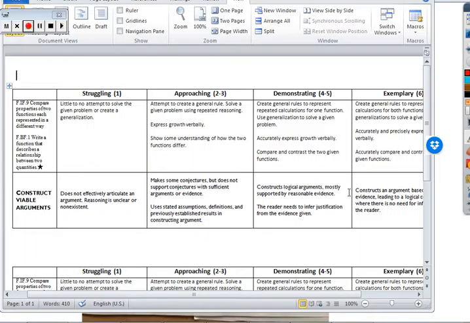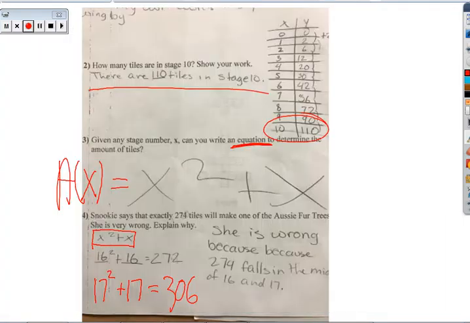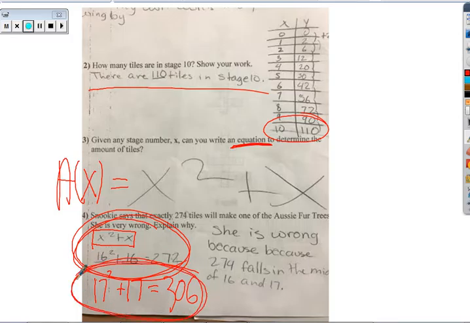Whereas if you're more in the 4 or 5 territory, you're constructing a logical argument, and it's mostly supported by reasonable evidence, which this is a good example of. This is reasonable evidence of why. Now, to take this to maybe the 5.5 or the 6 level, you'd want a little bit more evidence like this and really do a good job of explaining that to the most minute detail.